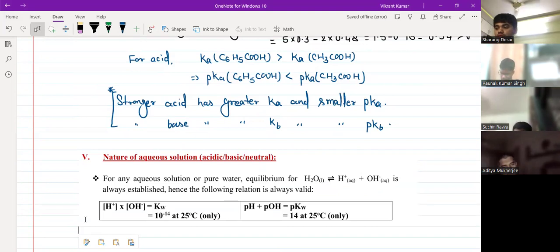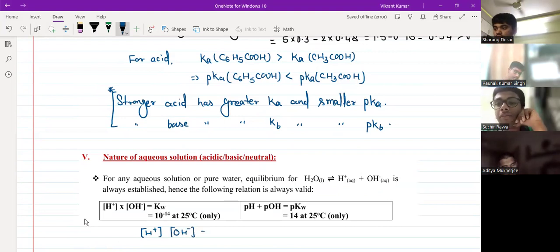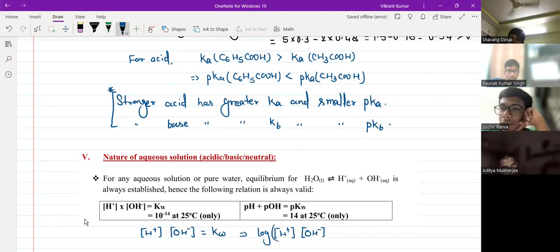Is it okay? If H plus into OH minus is Kw, take log on both the sides. So what happened? Log of H plus into OH minus will become log of Kw.